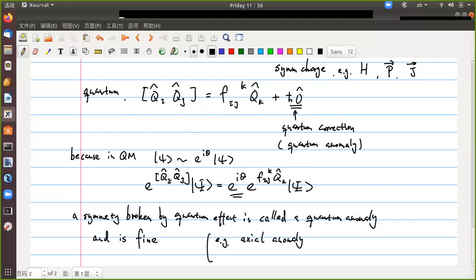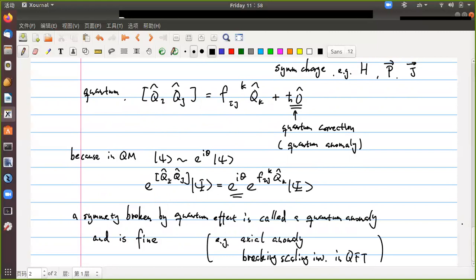So, quantum axial anomaly or scaling invariance breaking in quantum field theory.